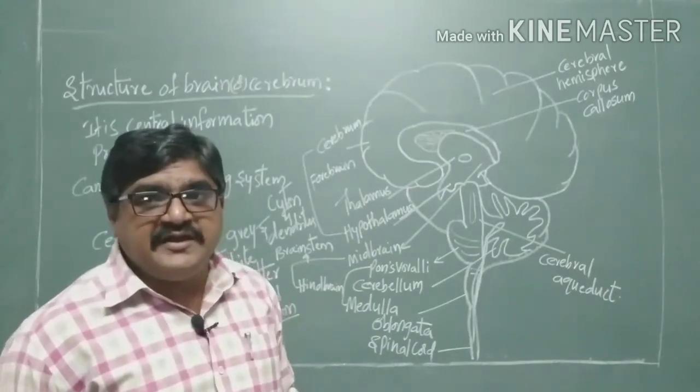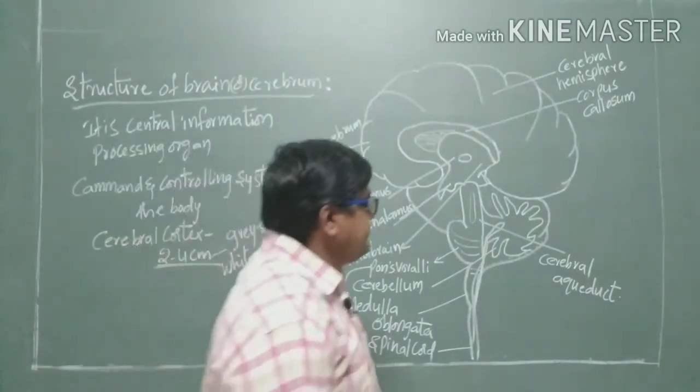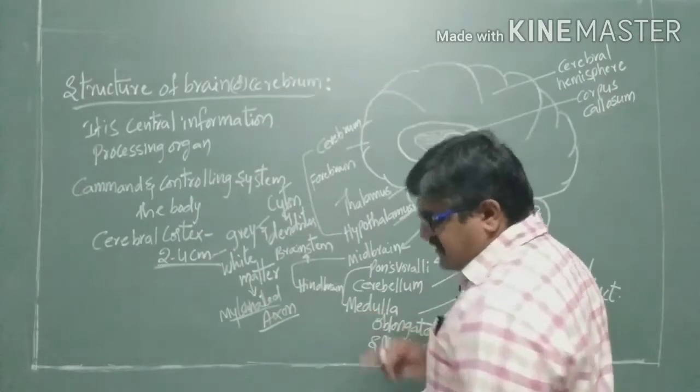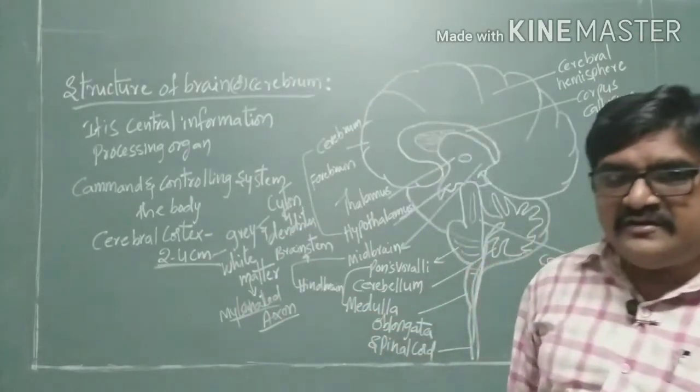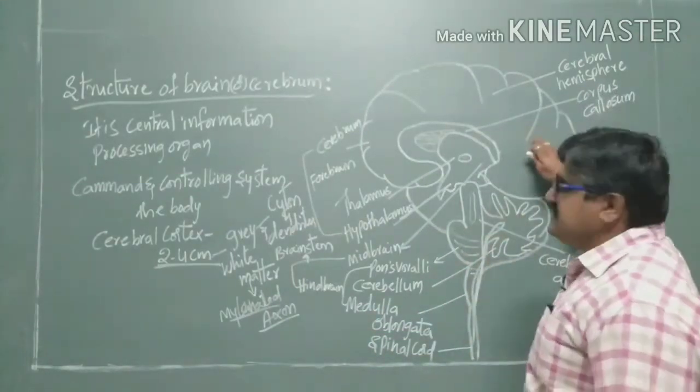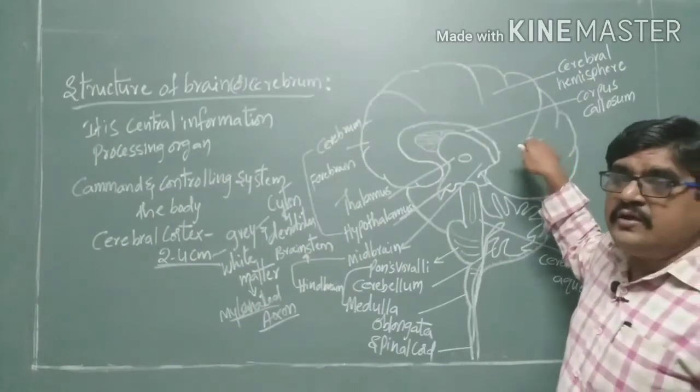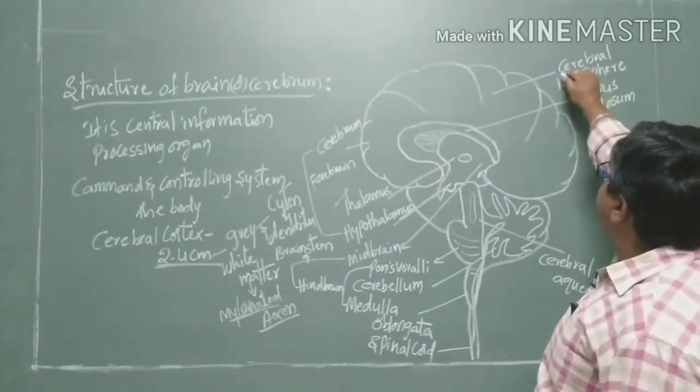The cerebral cortex is differentiated into two cerebral hemispheres.